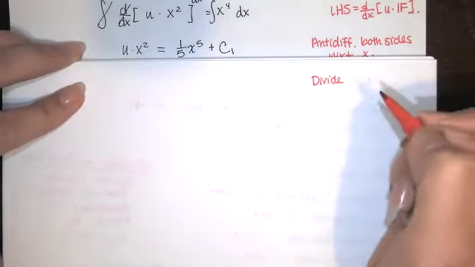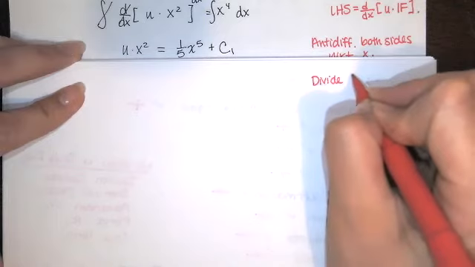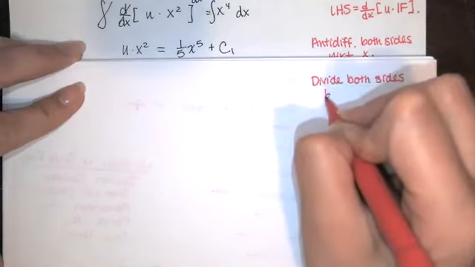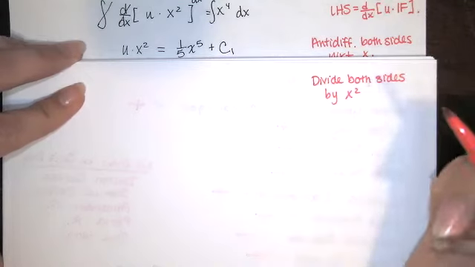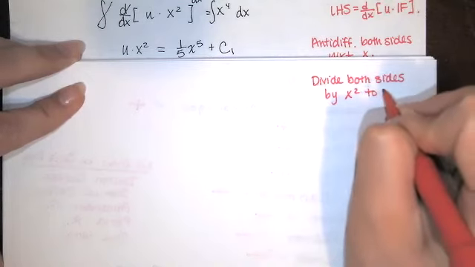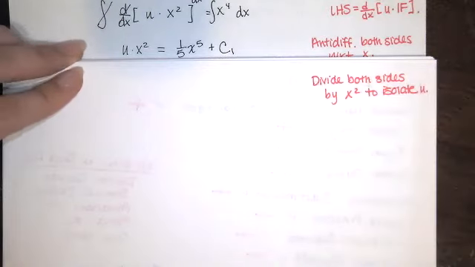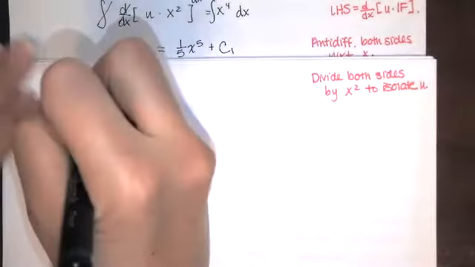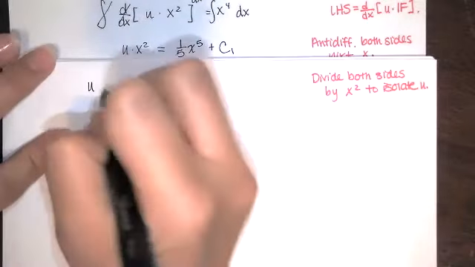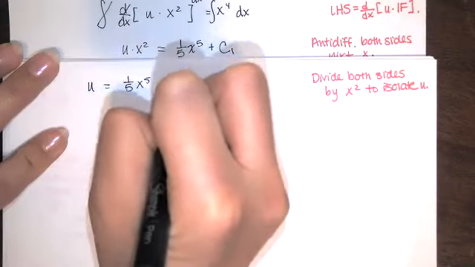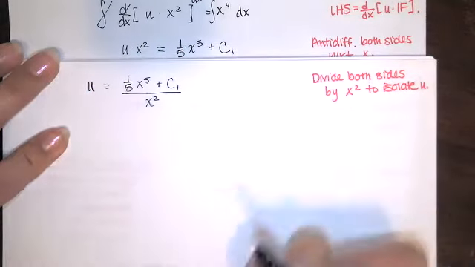I don't know if I said u squared or x squared just a second ago. Divide both sides by x squared is what I meant to say if I didn't say it correctly. You're just trying to get u by itself. So we had u times x squared equals 1/5 x to the 5th plus c1, and we'll divide everything by x squared.